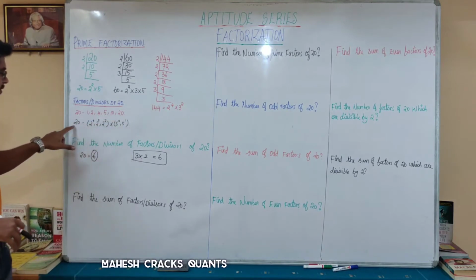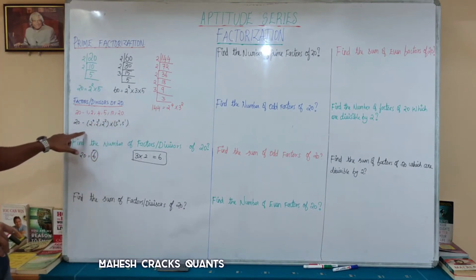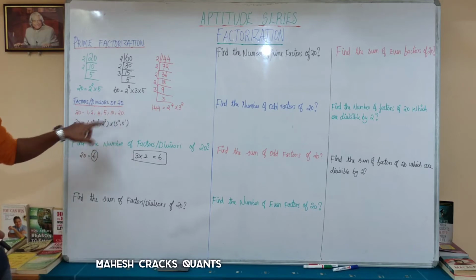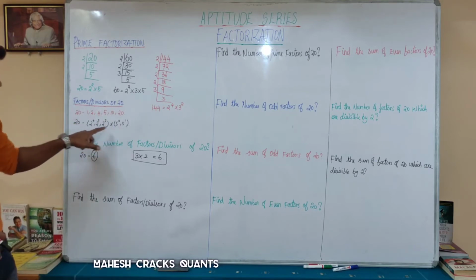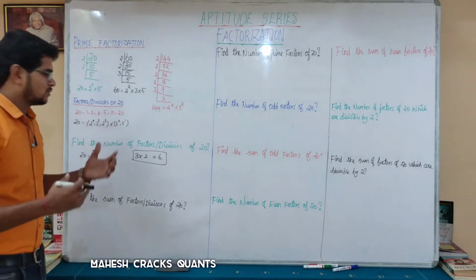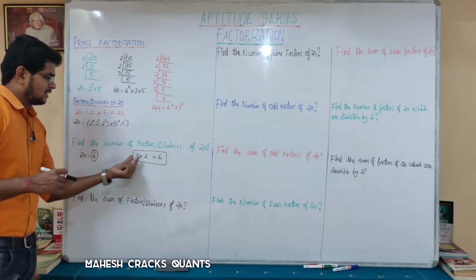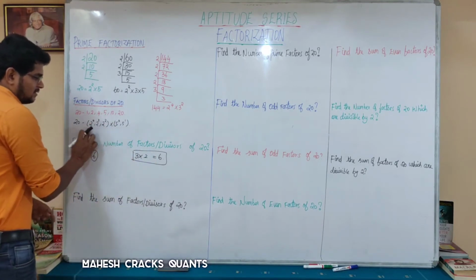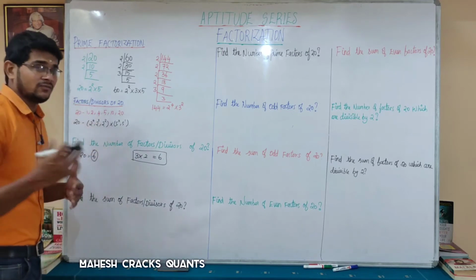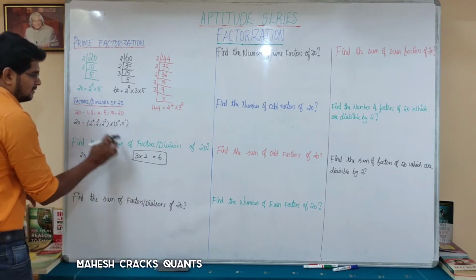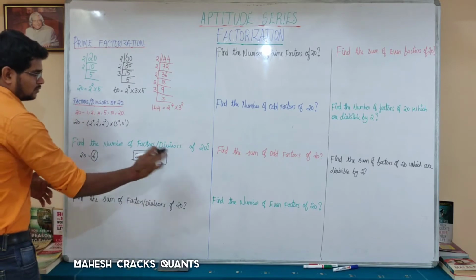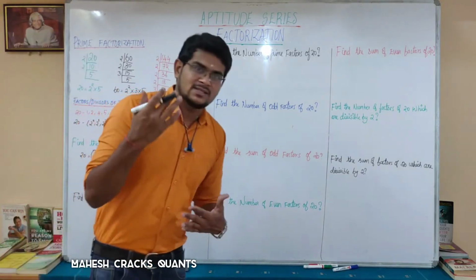But for 20 I am doing it with factorization. I calculate the number of factors using the power values of the prime factors. So there are 3 and 2. 3 into 2, so 3, 1, 2, 3. 3 into 1, 2, 2. Totally the number of factors is 6.